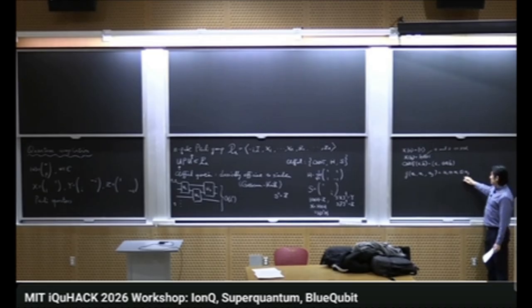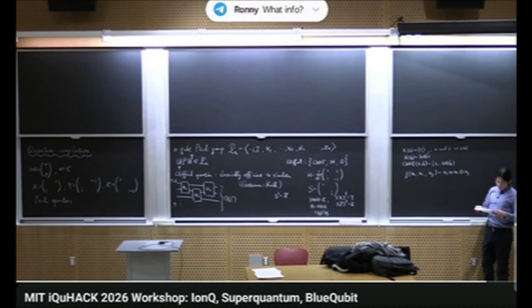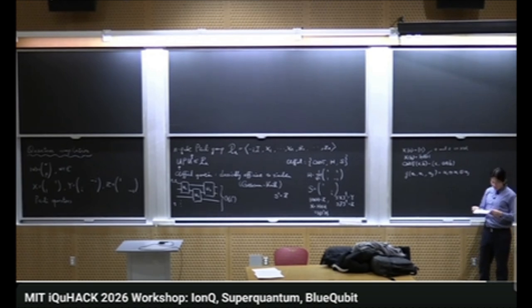This is the only type of computation that you can do with Clifford gates, so it's not even universal for classical computing because it only implements linear functions.